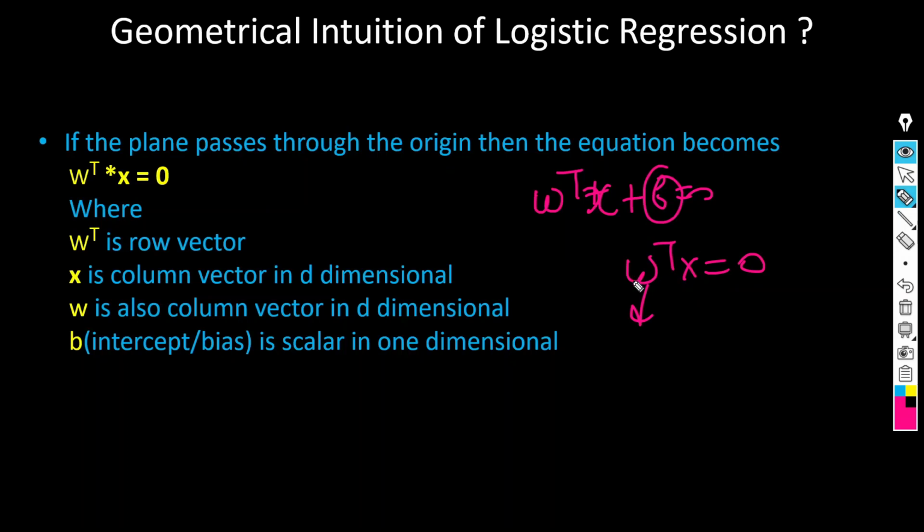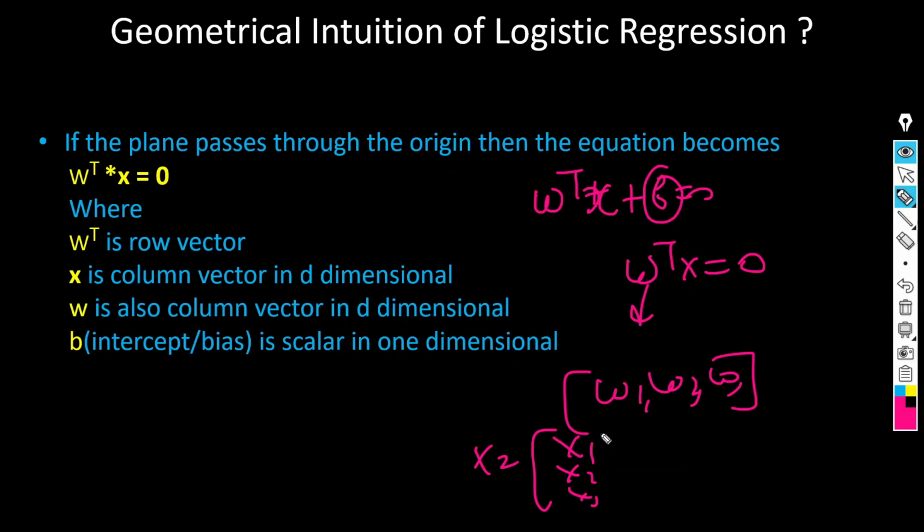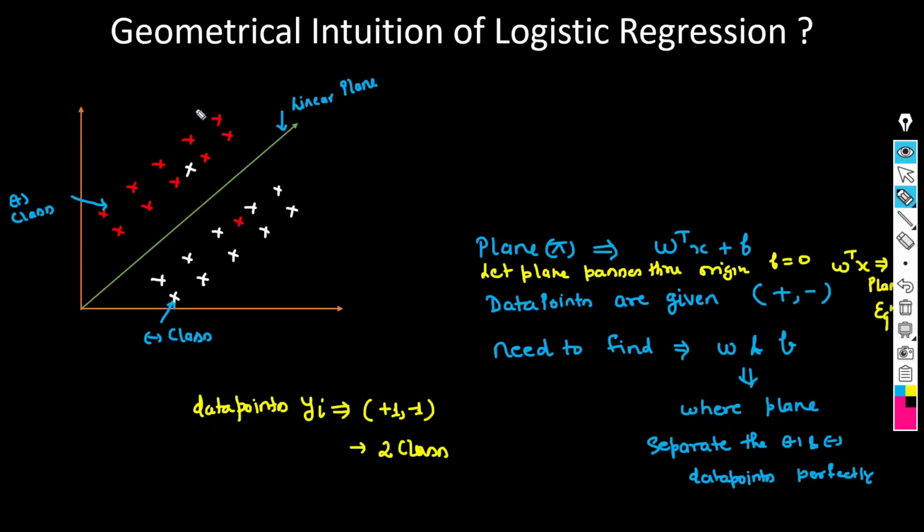W is your row vector, w1, w2, w3 if we have 3 dimensions, and x is your column vector, x1, x2, x3. And if it is not passing through the origin, then b would be your scalar, or 1-dimensional. Let's check. We have two classes.